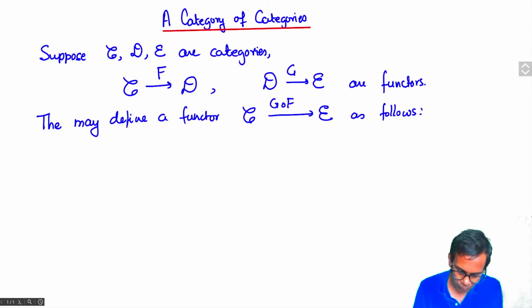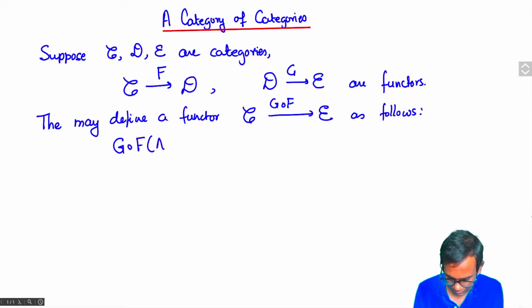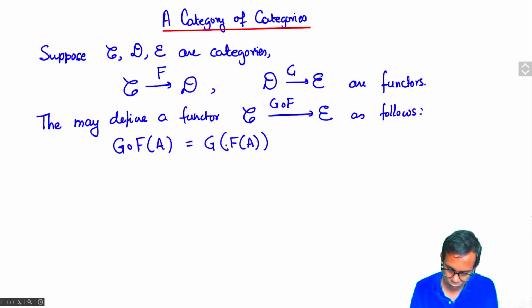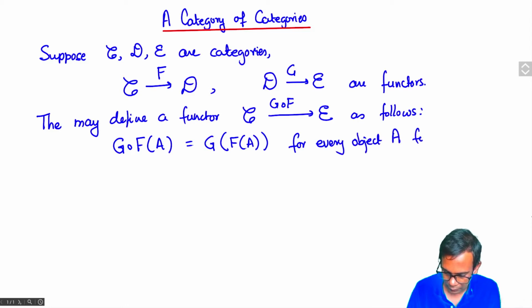At the level of objects, G circle F of A is G of F of A. This makes perfect sense because F of A is an object in the category D, and G is a functor from D to E, so this is an object in the category E. So G circle F of A is an object in the category E, and this is for every object A of C.